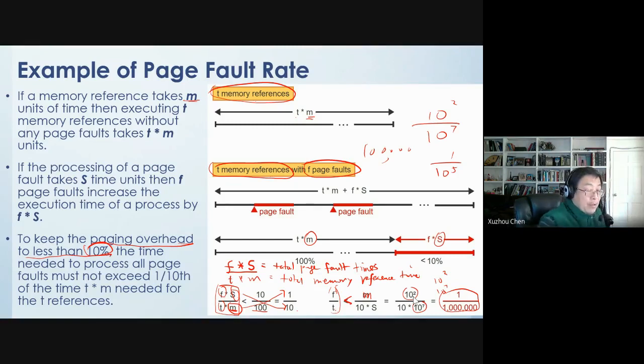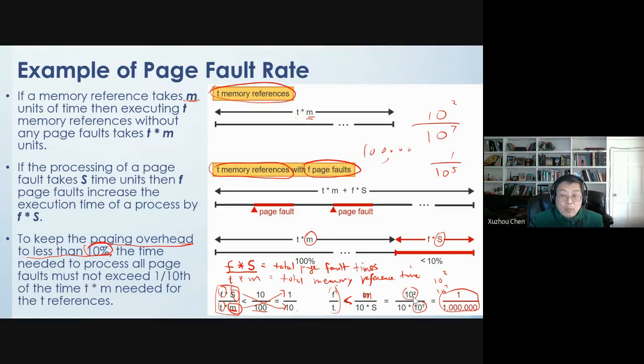So for every 1 million page references, you're only allowed to have one page fault to keep the page fault overhead less than 10%.